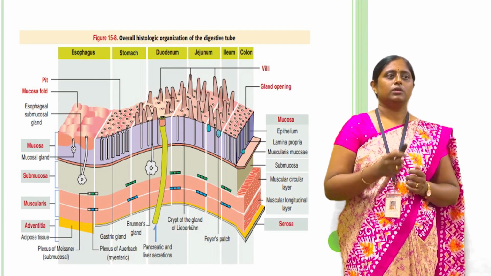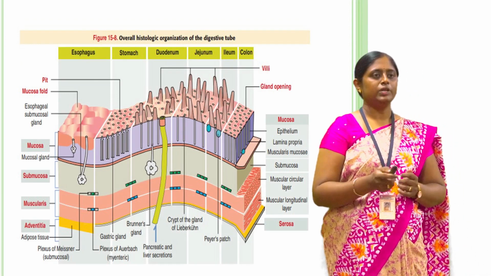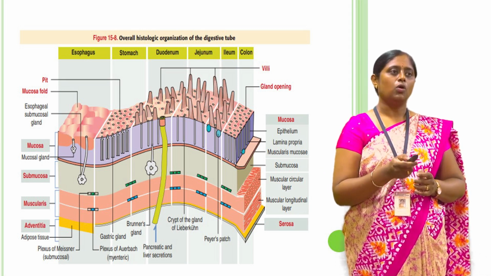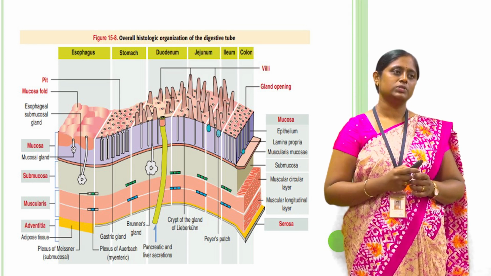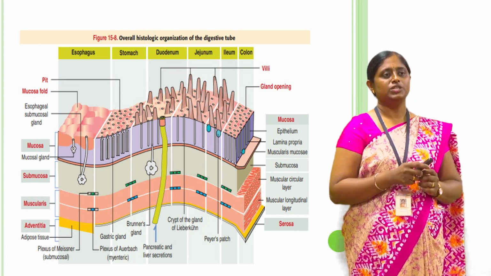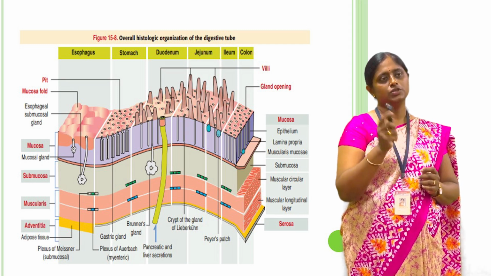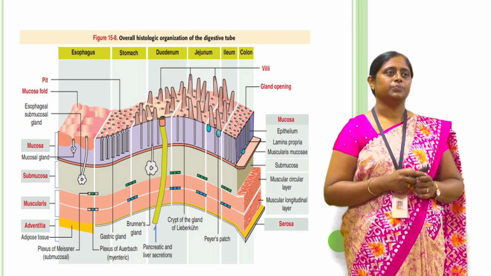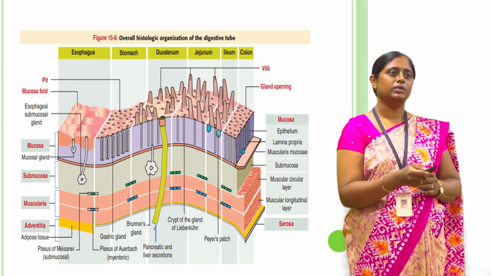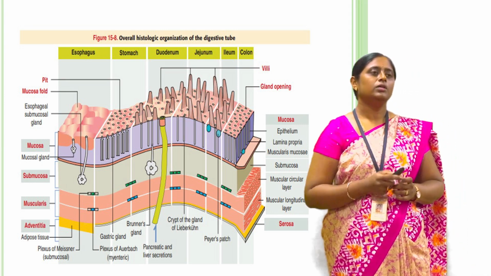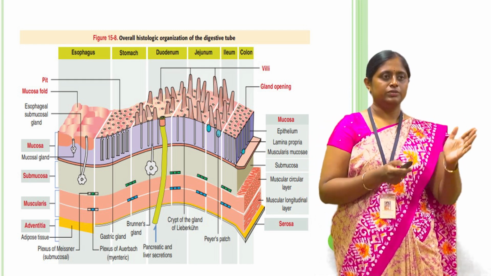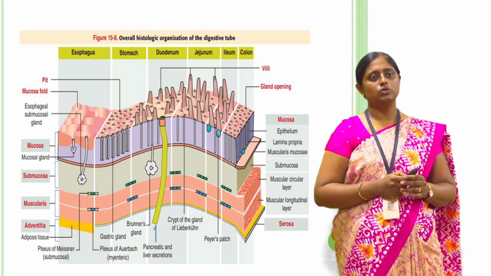This diagram gives clear information about all the different regions, such as mucosa, submucosa, muscularis externa, as well as the adventitial layer of the different regions of the gastrointestinal tract. We can easily identify the mucosal lining, the three layers, wherein there is deviation in the structures of the mucosal lining.